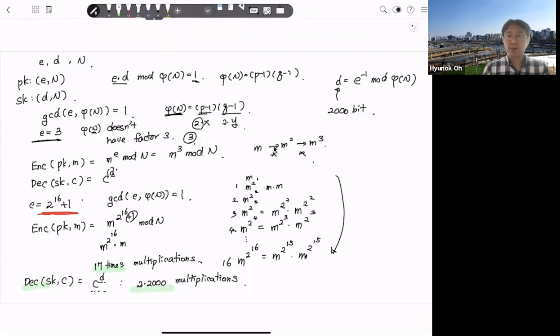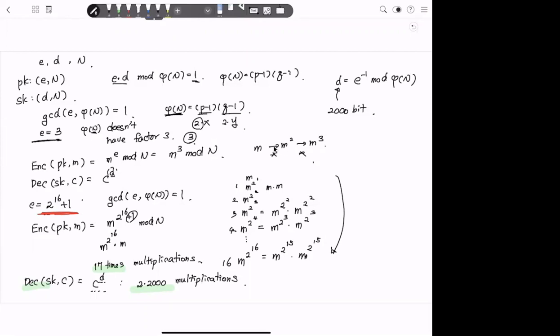So the RSA encryption scheme is asymmetric. Asymmetric means the encryption time and decryption time are different. Encryption is fast, but decryption is much slower, because the number of computations is different. Then maybe you're interested in whether there is some scheme which provides the same encryption time and decryption time.